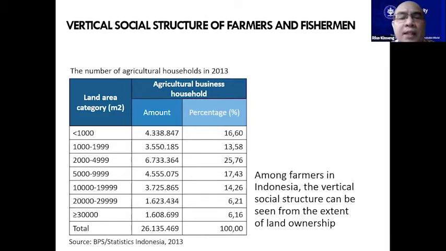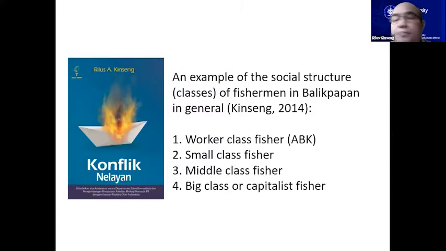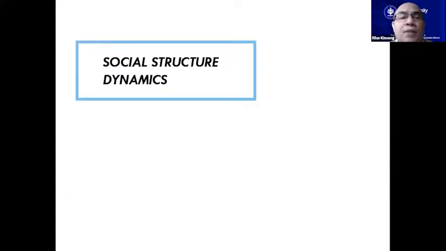Most of these farmers in Indonesia have quite small land ownership. This is also the case among fishers that I studied in East Kalimantan, consisting of worker class, small class owners, middle class, and then big or capitalist class owners.